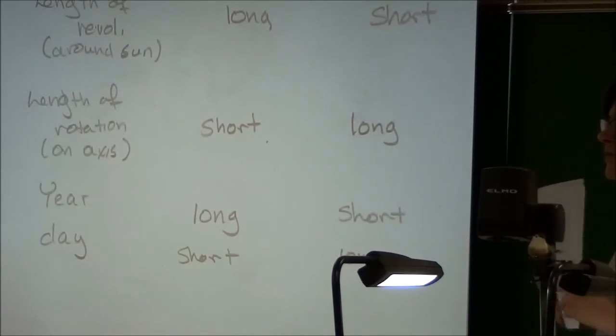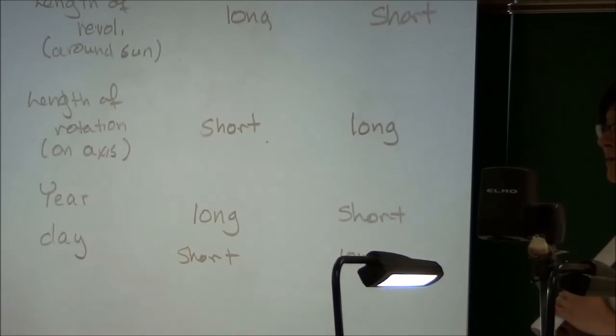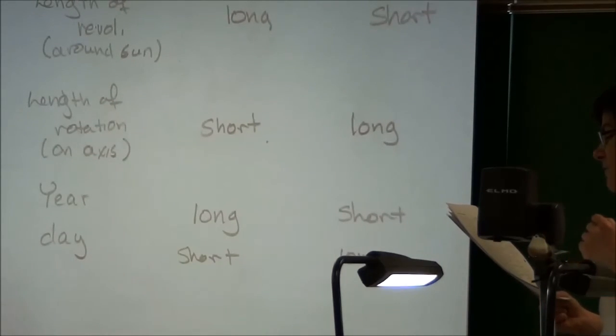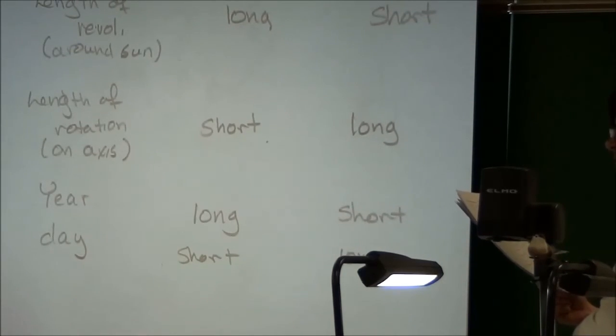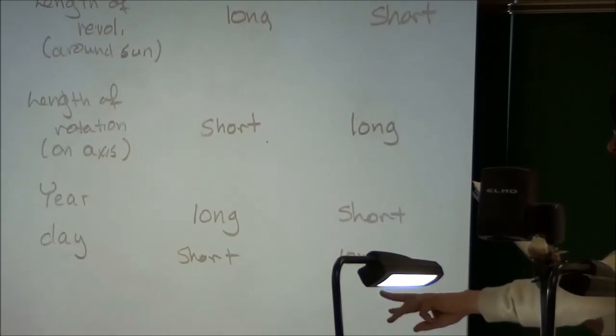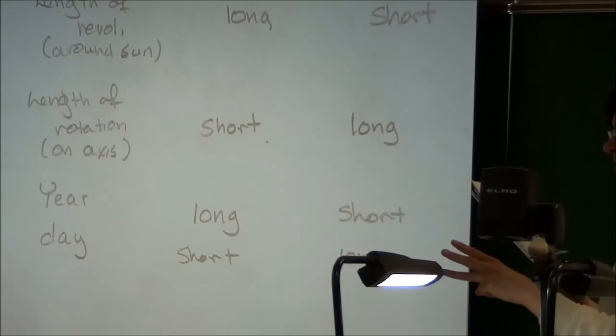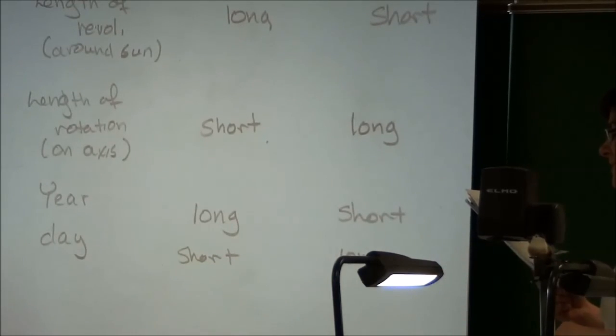So marble, which of the 3 major types of rock is marble? Metamorphic, excellent. Which of the 3 major types of rock is rock salt? Chemical. Chemical what? Chemical, 3 major types. Sedimentary, perfect. Shale. That's sedimentary, excellent.